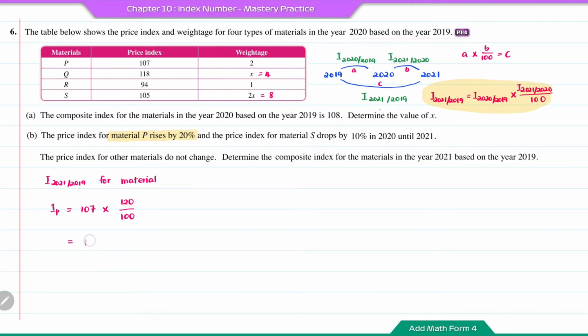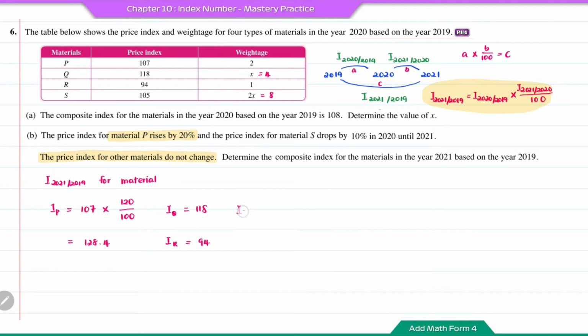This will be equal to 128.4. And as for materials Q and R, as stated in the question, they do not change, so the price index for material Q will remain as 118, and the price index for material R will remain as 94.